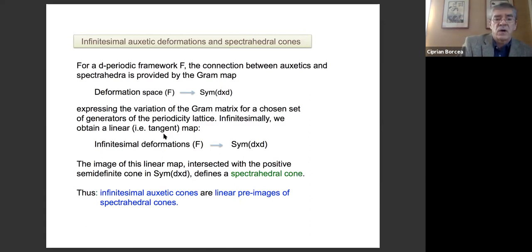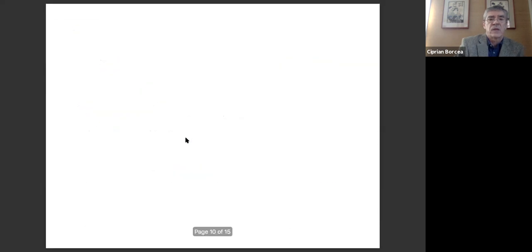So when we want to discuss auxetic deformations directly in the tangent space of the deformation space, at that point we will be in the pre-image of this spectrahedral cone. So that's obviously quite useful for various algorithms for deformations.